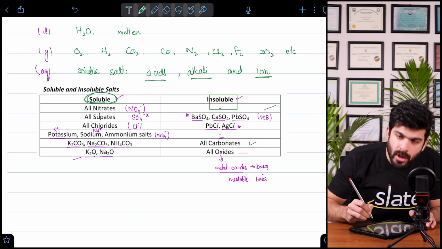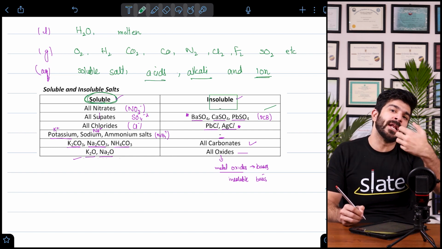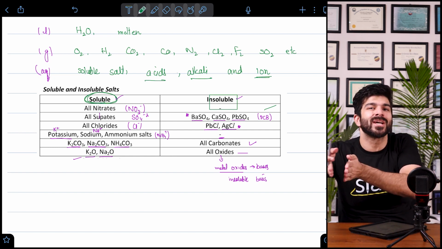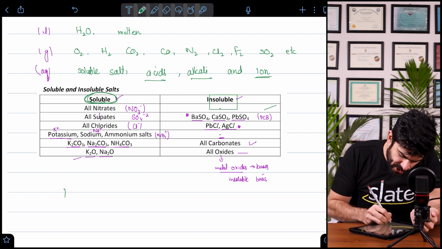Now, the important part: what is a precipitation reaction? It is when a precipitate, an insoluble solid, is formed on the product side. A solid product is formed.